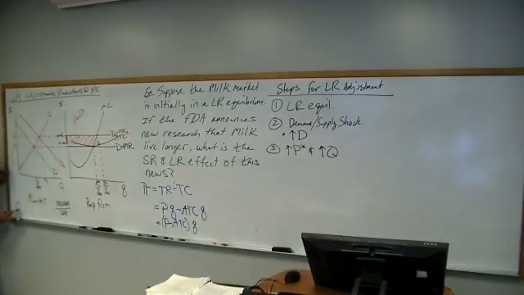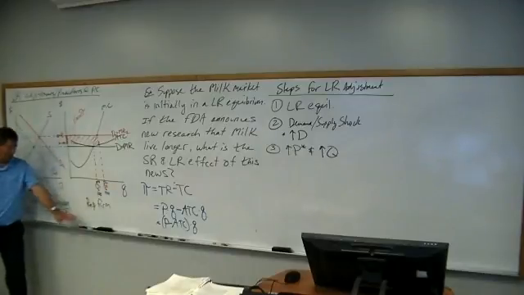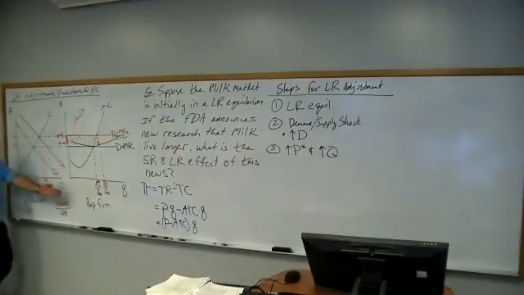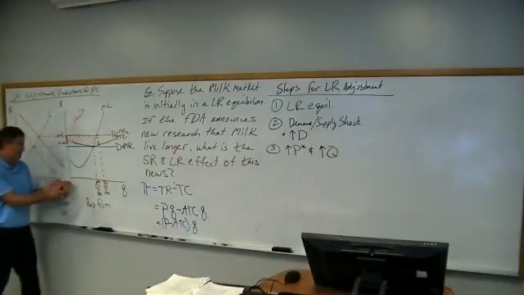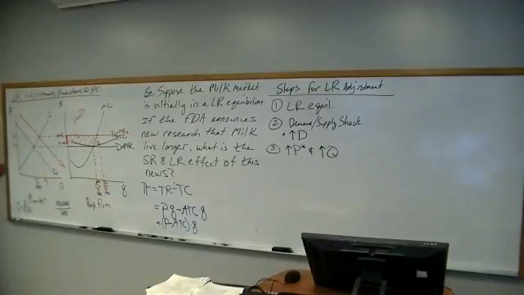Remember, big Q, the quantity in the marketplace, is equal to the sum of the Qs, i equal 1 to n. If there's 1,000 firms, and this is the average production, 1,000 firms, each producing 100 units, gives me 100,000 units in the market.